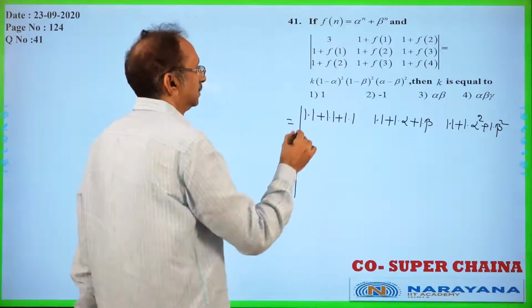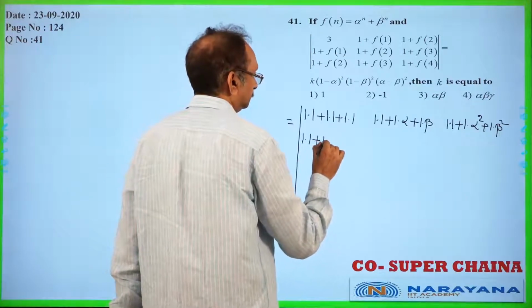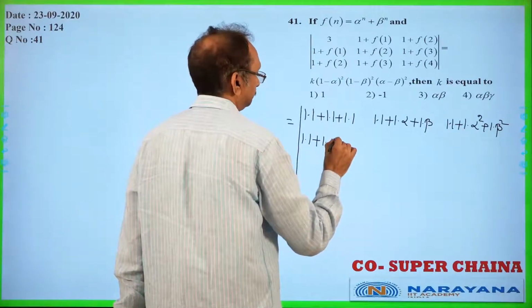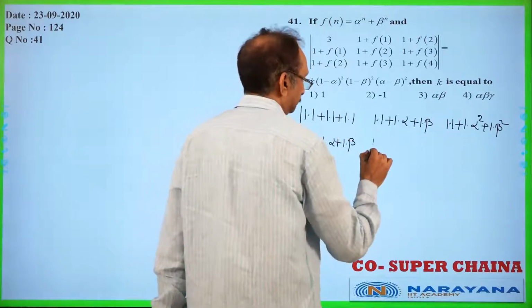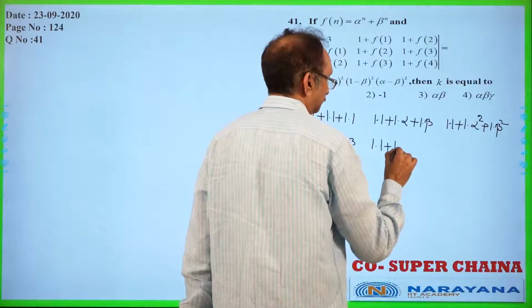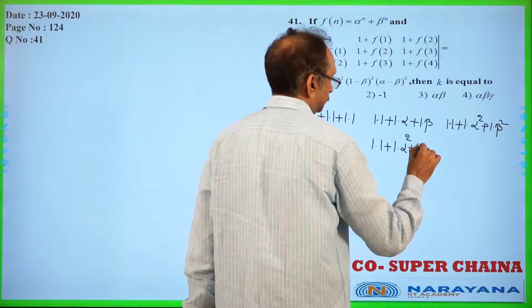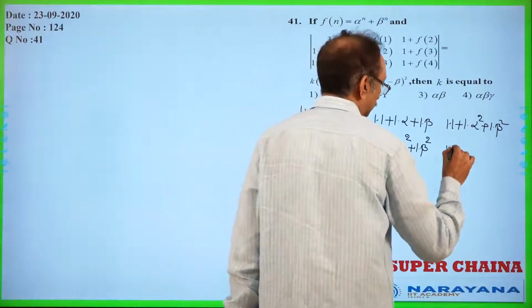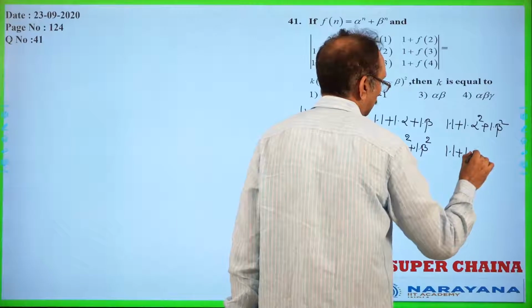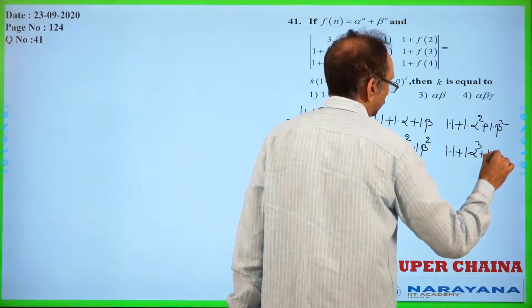Right? And see this one, 1 into 1, 1 into alpha plus 1 into beta. 1 into 1, 1 into alpha square, 1 into beta square. And this one, 1 into 1, 1 into alpha cube, 1 into beta cube.